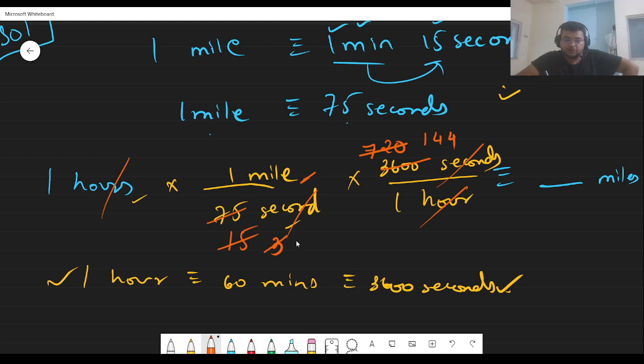Further, 3 ones are 3. Answer: the car travels 48 miles in 1 hour.